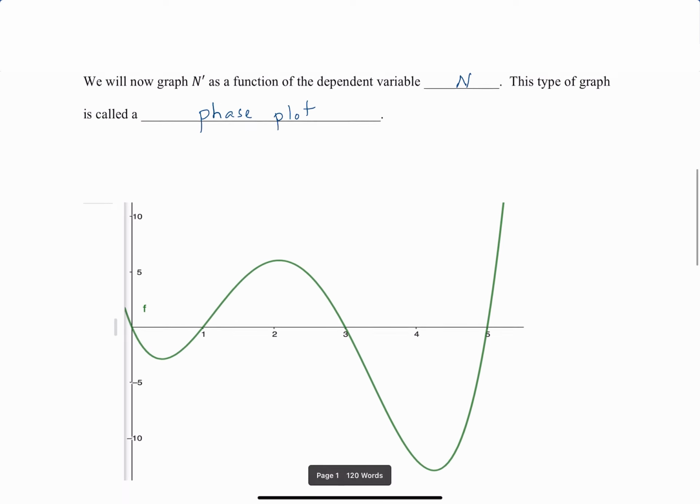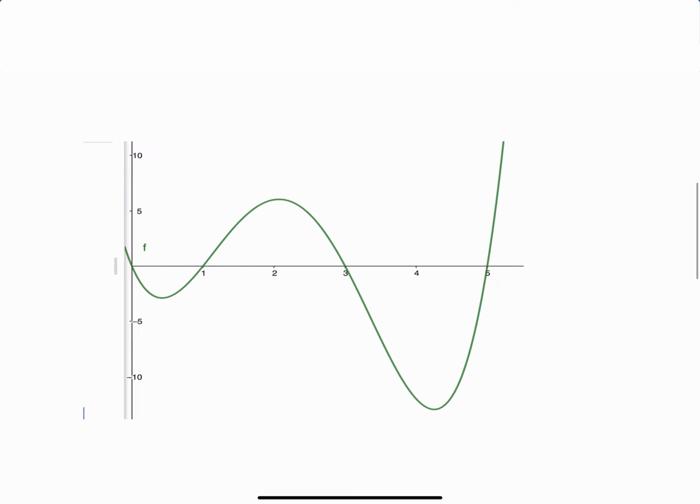The vertical axis is the N prime axis, and we're plotting N prime as a function of N, so the N axis will be the horizontal axis. And I just want to emphasize this is the graph of N prime, not of N. So we're not looking at the solution graph here, we're looking at a graph of N prime.